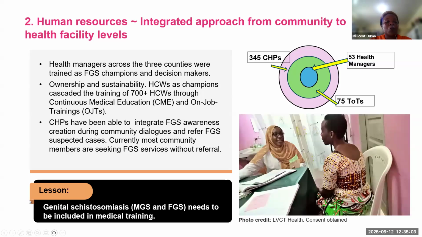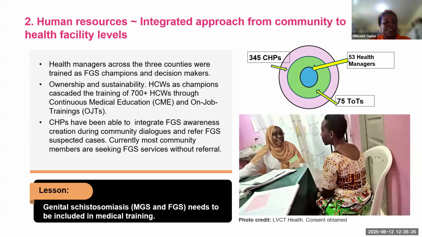And they've also been able to refer FGS suspected cases to the facilities during their community dialogue. So during community dialogues, they would go to the churches, the marketplaces, any gathering, schools, just to sensitize people about FGS, and they are still continuing to do this.